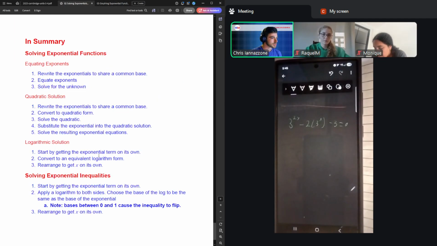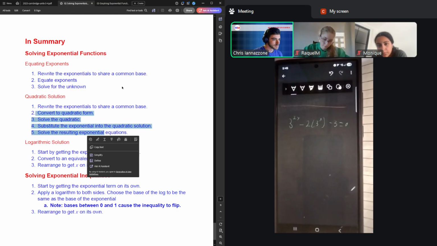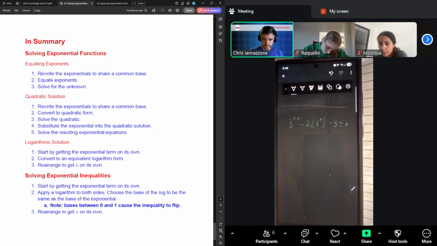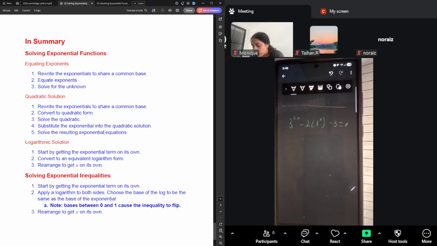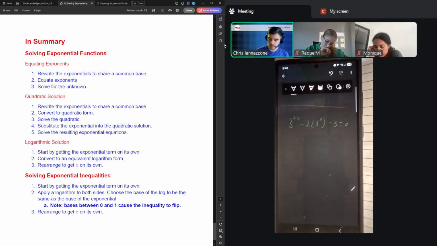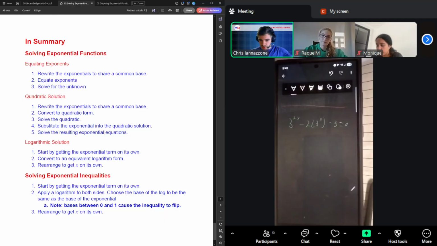I'll also leave the procedure up on the screen share as well. How would we do step one here?